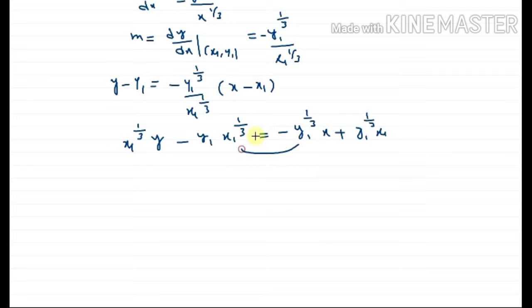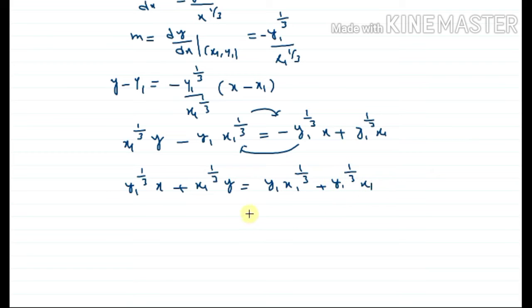So bring this term to this side and this term to this side. So you will get y1 to the power of 1 by 3 into x plus x1 to the power of 1 by 3 into y. This is equal to x1 to the power of 1 by 3 y1 to the power of 1 by 3 into x1, plus y1 to the power of 1 by 3 into x1.